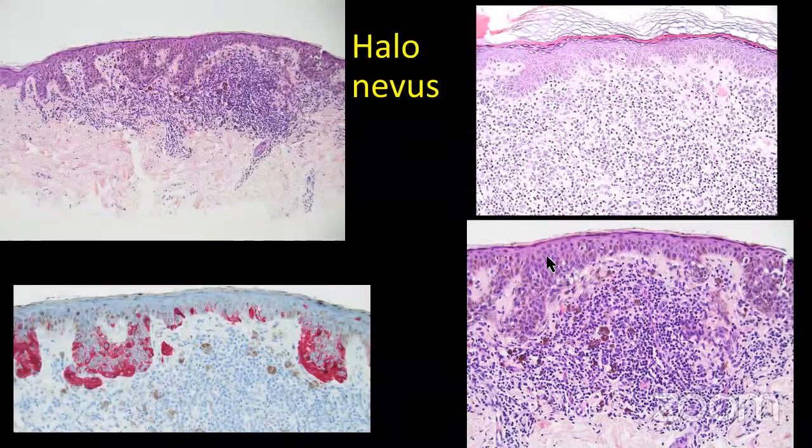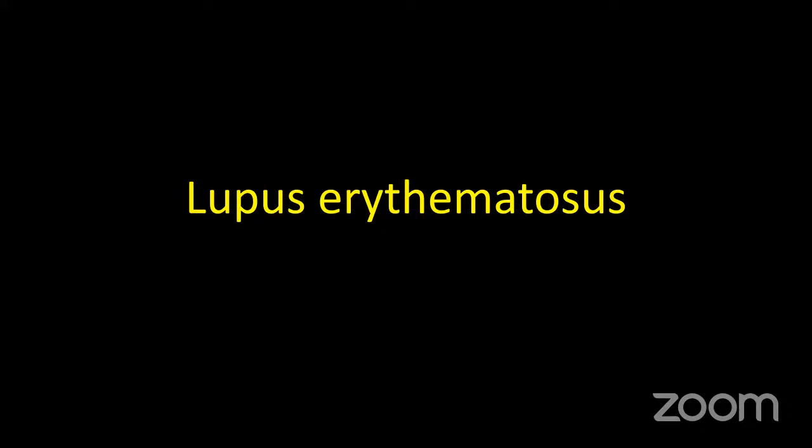And this is actually a halo nevus. So sometimes a halo nevus can make you wonder a little bit about a melanoma, but it doesn't have too much in the way of atypia within the epidermis. And so sometimes you can get a brisk lichenoid host response to a nevus. You may or may not have the clinical halo depending on how long it's been going on. But that's all. Halo nevus is also in the differential of lichenoid tissue reaction. Oh my gosh.